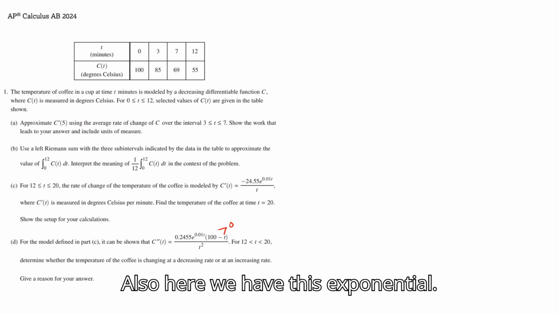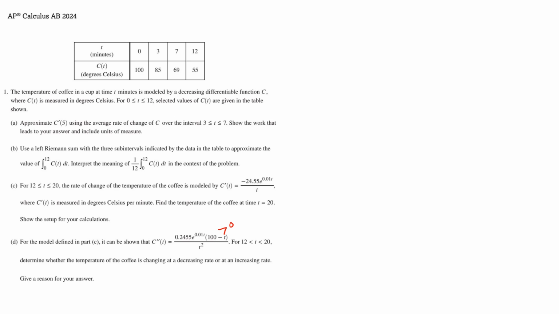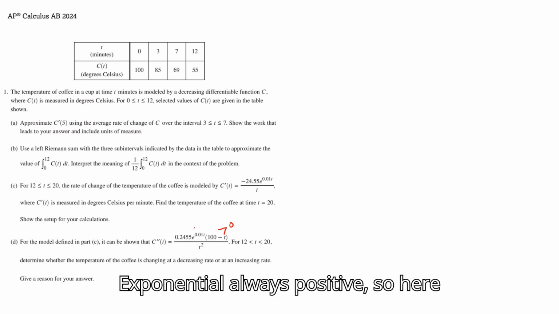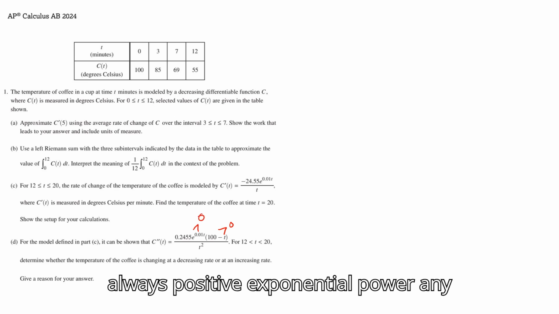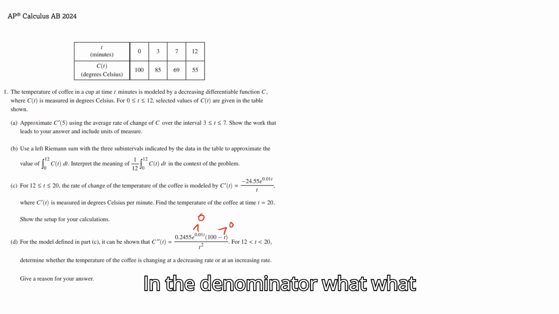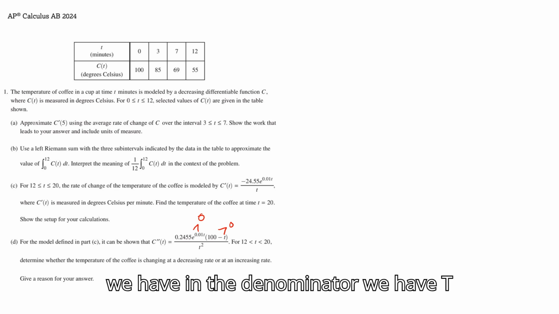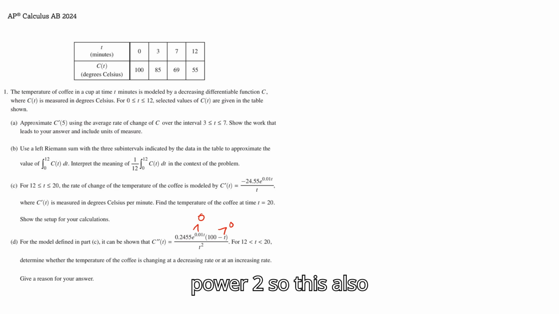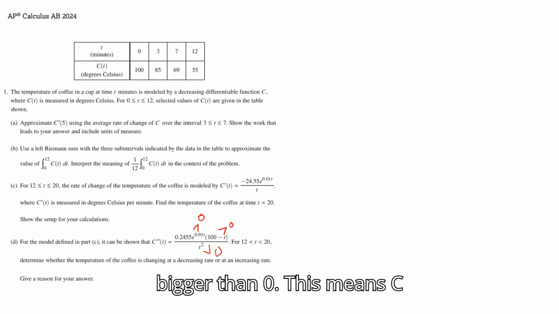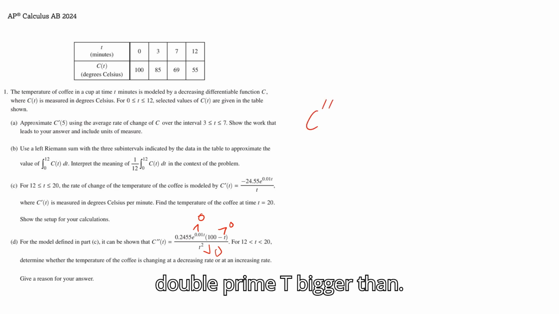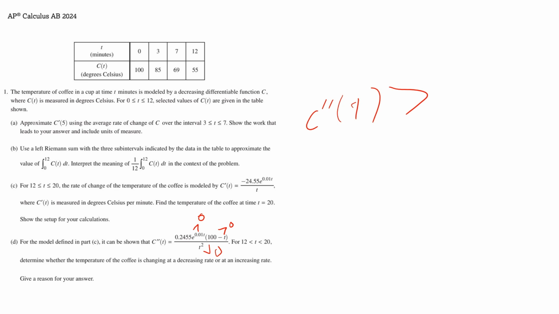Also here we have this exponential, and an exponential to any power is always positive. In the denominator we have t squared, so this is also bigger than 0. This means C double prime of t is bigger than 0.